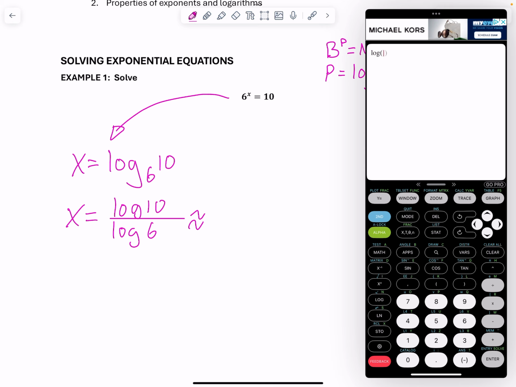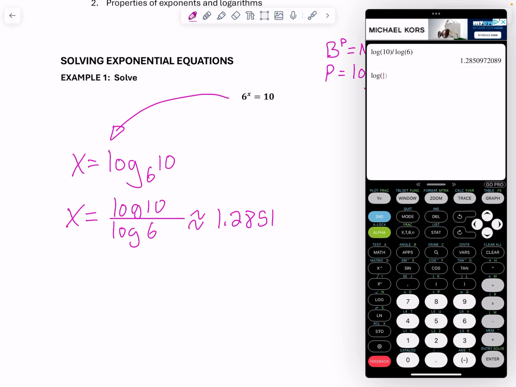So log of 10 divided by, hold on, I don't think that parentheses was there. Oh, it was. And divided by log of 6. I got 1.2851 if I round. Yep.